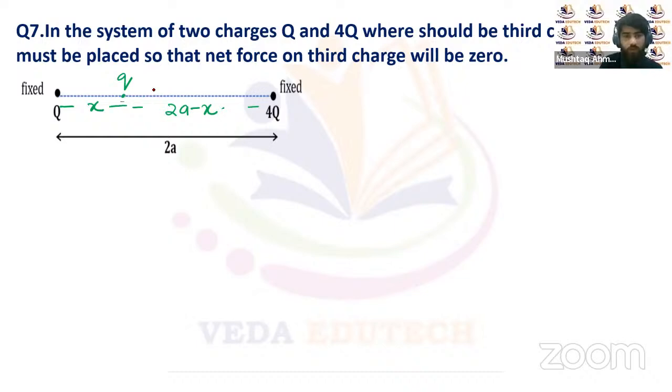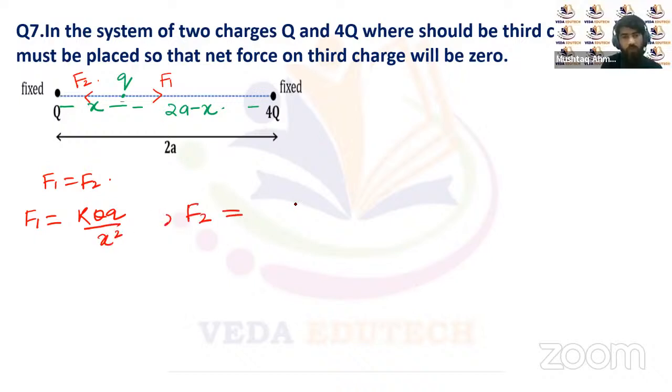Let's suppose the force because of q is along this direction, that's f1, and because of 4q is along this direction, that's f2. So f1 must be equal to f2, then only it will remain in equilibrium. The value of f1 will be kq into q upon x square. The value of f2 will be k q into 4q upon the distance square, that's 2a minus x whole square.